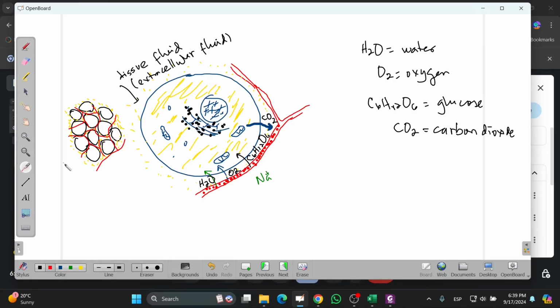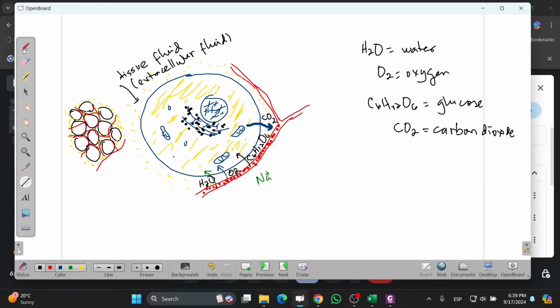Meaning that there is a greater concentration, a greater amount of oxygen all the time in your blood compared to in your cells. And then oxygen will be moving from a higher concentration into a lower concentration, right?